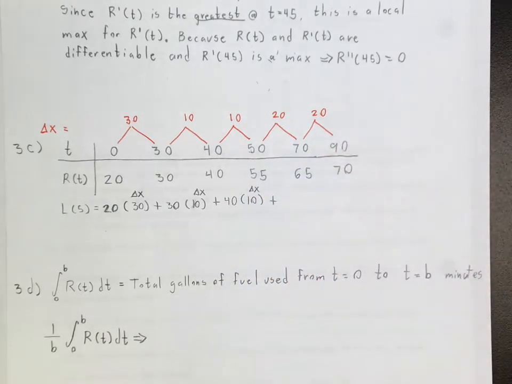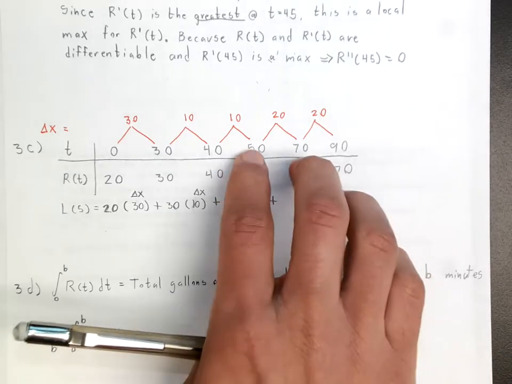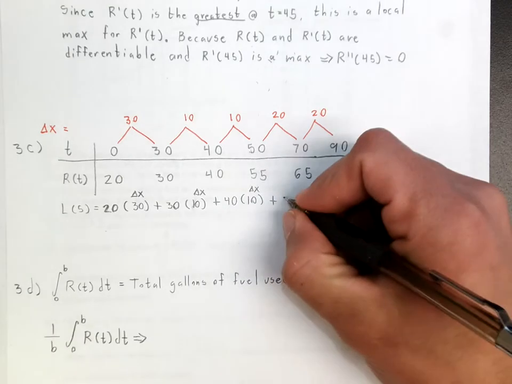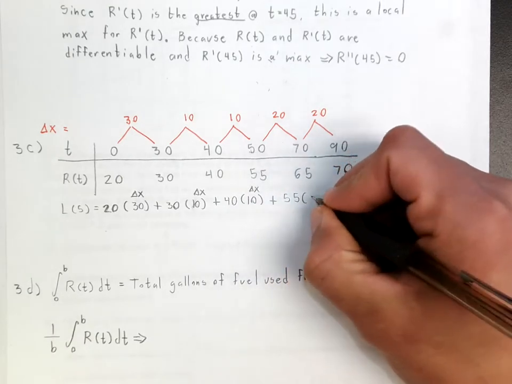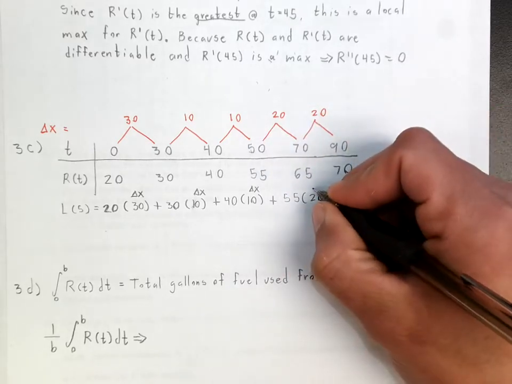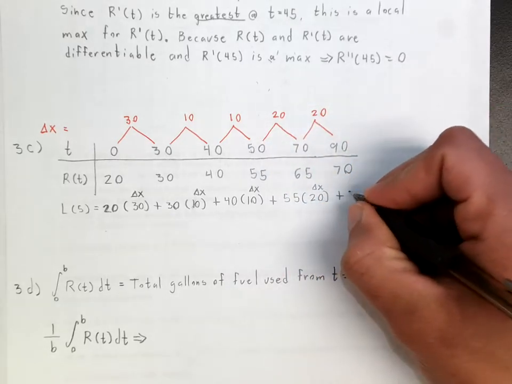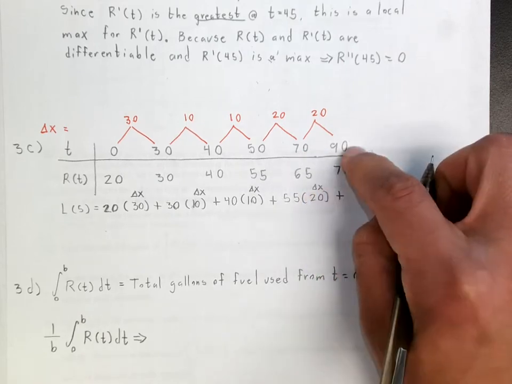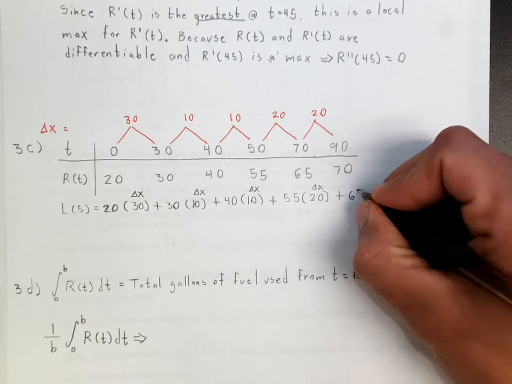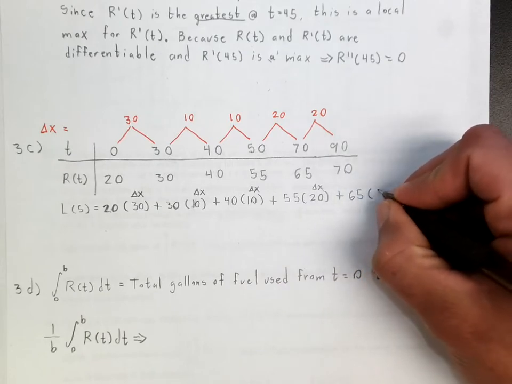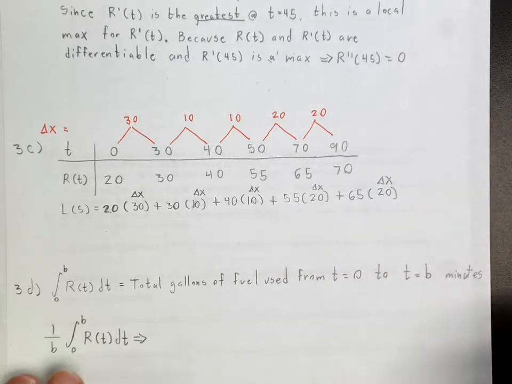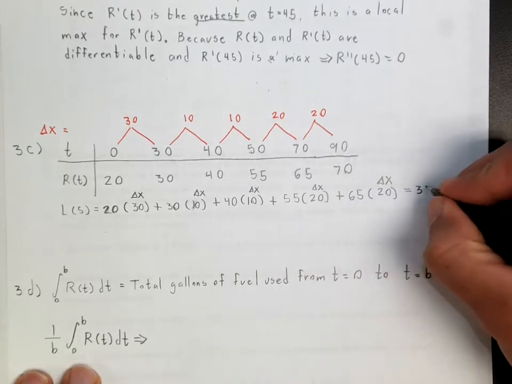Between 50 and 70, 50 is the one I'm looking for, which means the height is 55. Delta x is 20. And then plus, between those two, the left endpoint is that one, which means the height is 65, and this is also the delta x. When you do all of that, you get that the answer is 3,700.